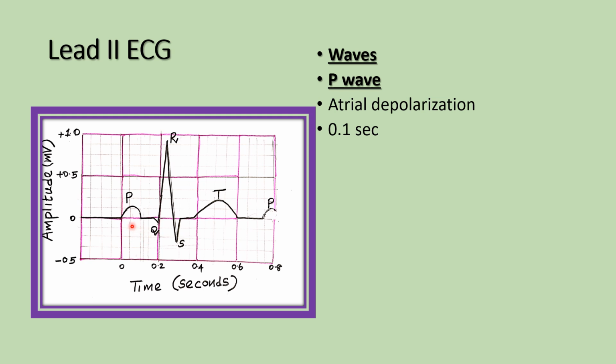It can occupy more than 2 small squares. Amplitude is 0.1 to 0.12 millivolts. Amplitude also occupies more than one small square. So the P wave is due to the atrial depolarization.